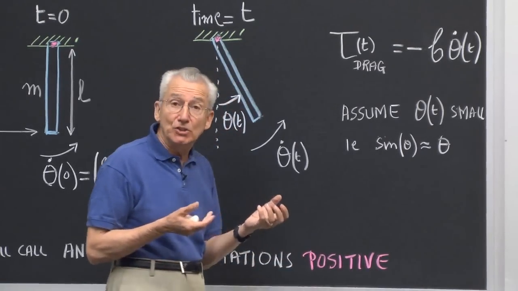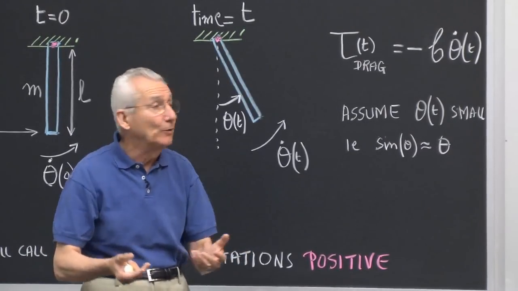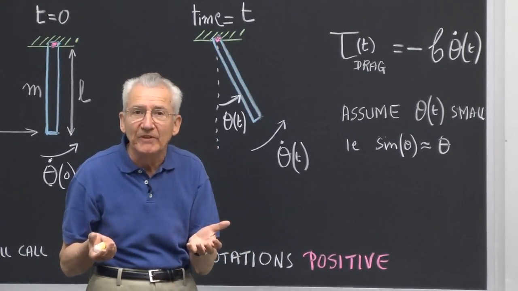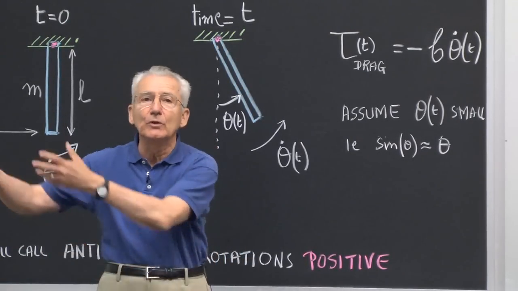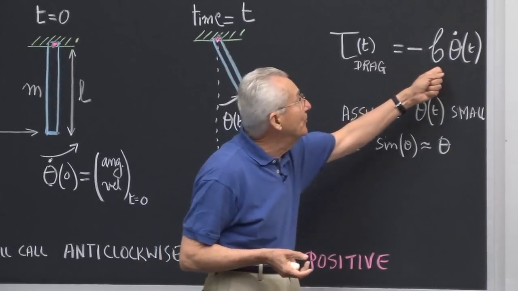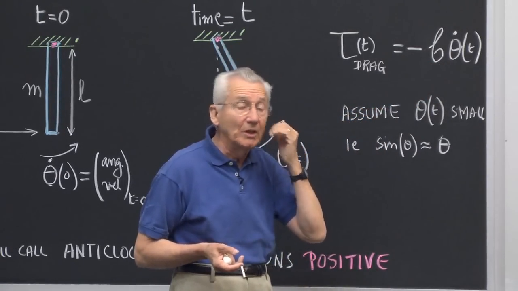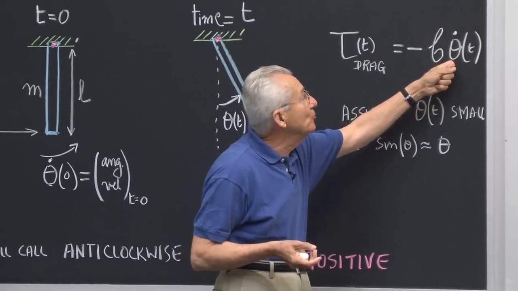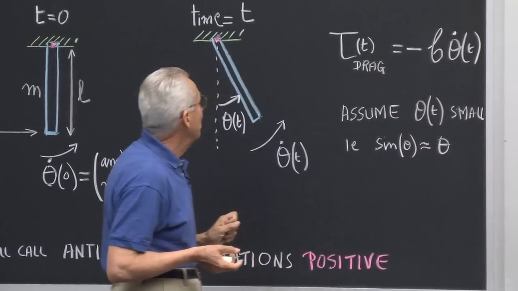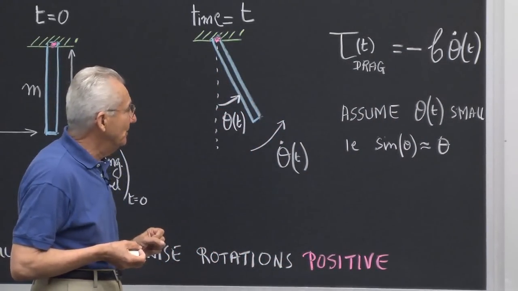It doesn't mean you can't solve them. You can solve them by a computer, but for teaching you how to solve problems it is not going to be very helpful if I then say go into a computer and get the computer to solve it for you. So the choice of this, a resistive force which is proportional to the rate of change of position of the rod, is chosen for that reason.